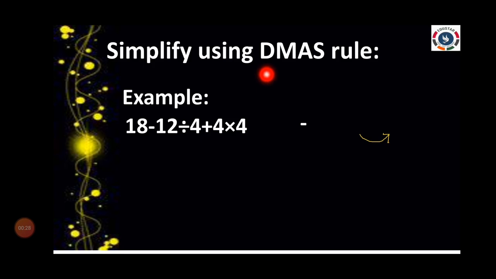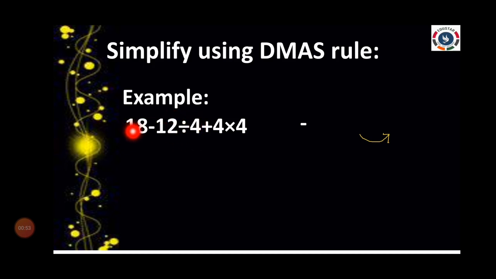First we divide the values, then multiply, then add, then subtract. The divide symbol is the second symbol here. Take the number before the symbol and the number after the symbol. So 12 divided by 4.